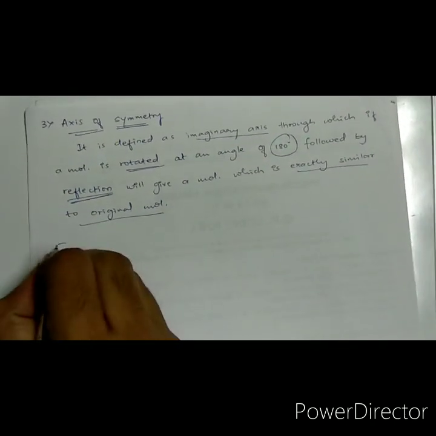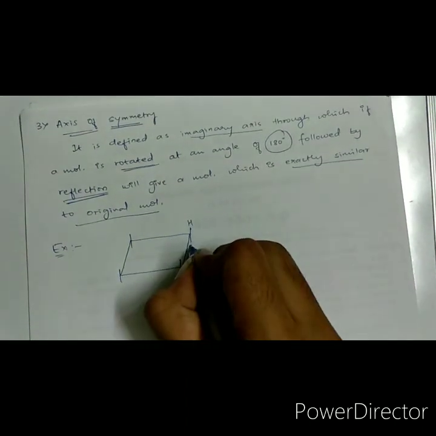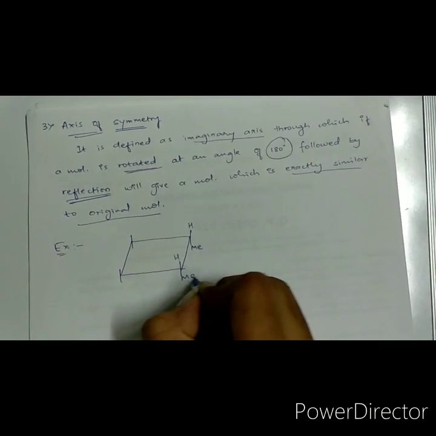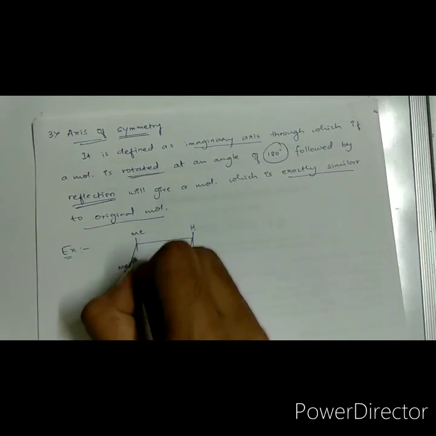So let us see an example. So again a cyclobutane. So if we draw or add groups, Me represents methyl, or also you can write it as CH3.